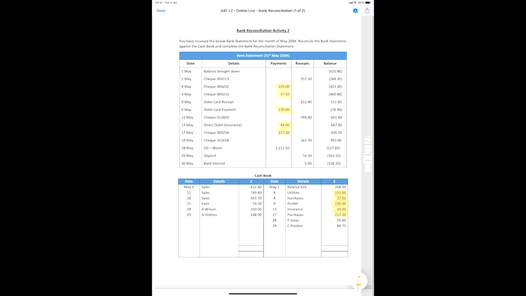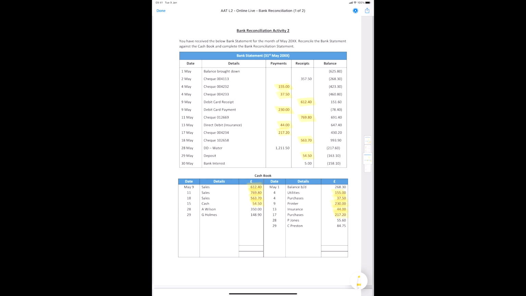That relates to sales. We've got a cheque for £769.80. Another cheque for £563.70. And we've got another cash deposit here, £54.50, which we can highlight there.